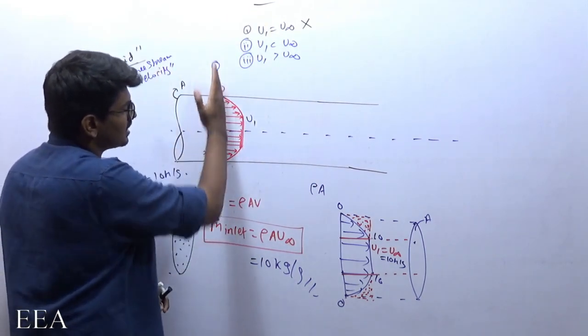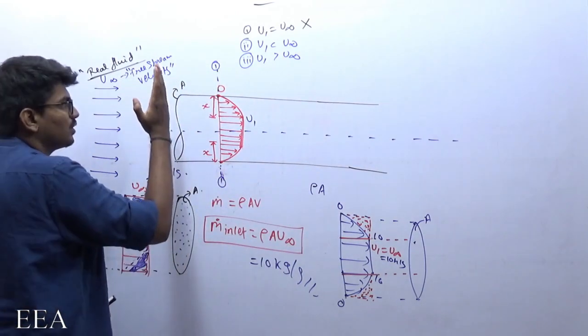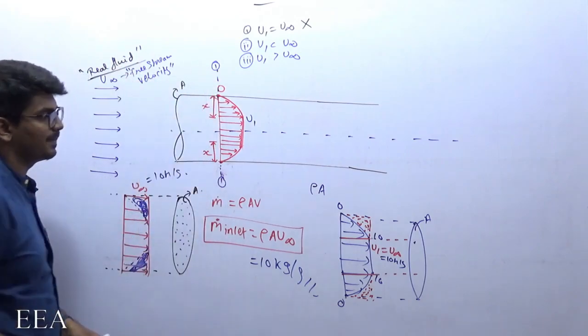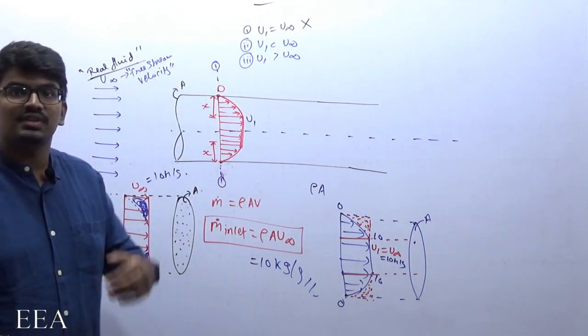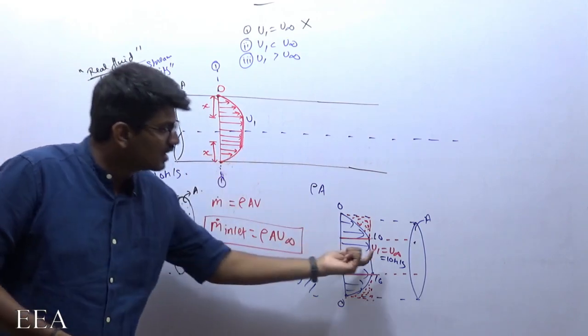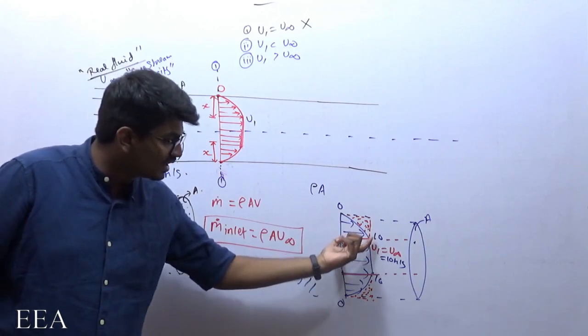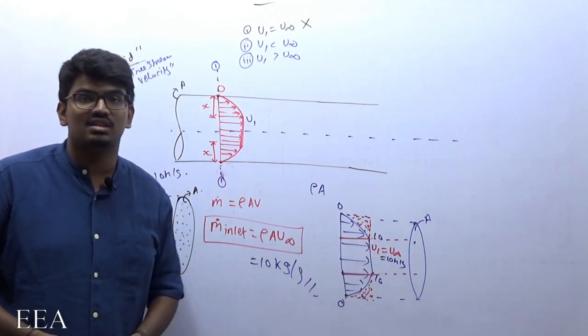If 10 kg enters, in this section also only 10 kg, in this section also only 10 kg, which means mass flow rate here and mass flow rate here should be same. But if it has to be same, then u1 cannot be equal to u infinity. The reason, as I explained, if u1 is equal to u infinity, then there was a reduction in mass.